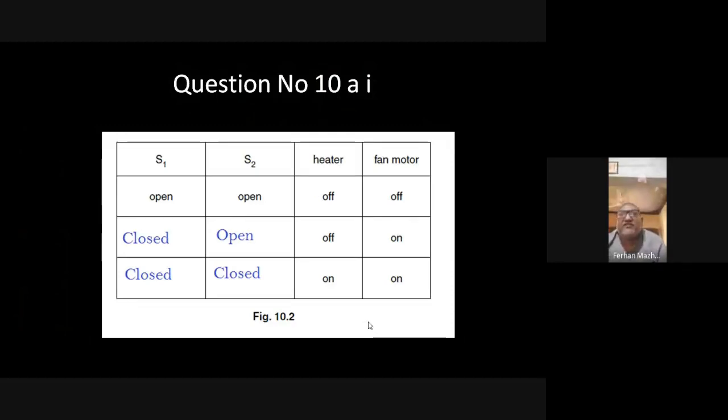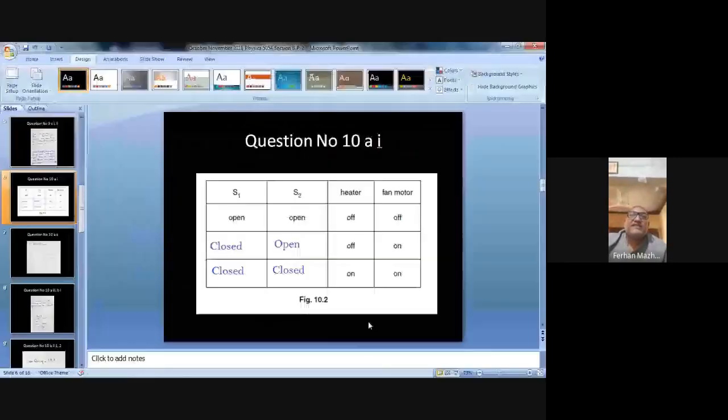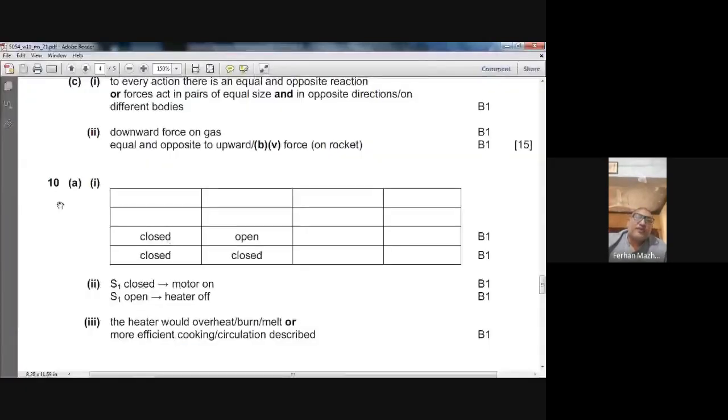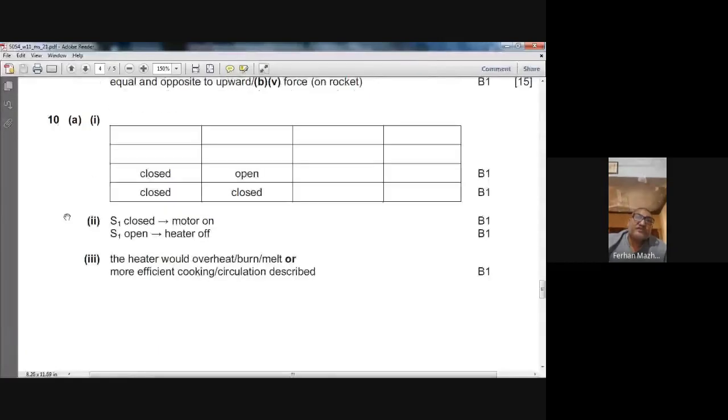And then if both of them are closed, the heater will be on and the fan motor will also be on. So this is what you have to write in that box. We can check from the marking scheme also: closed, open, closed, closed.